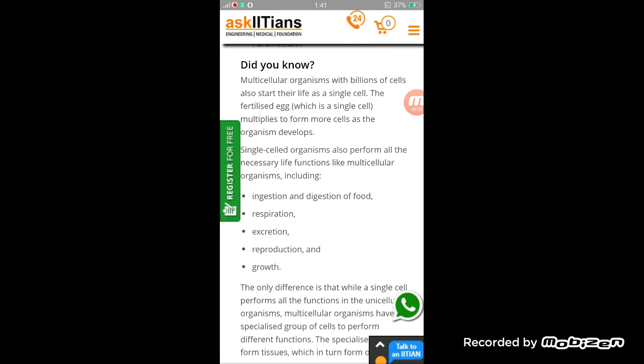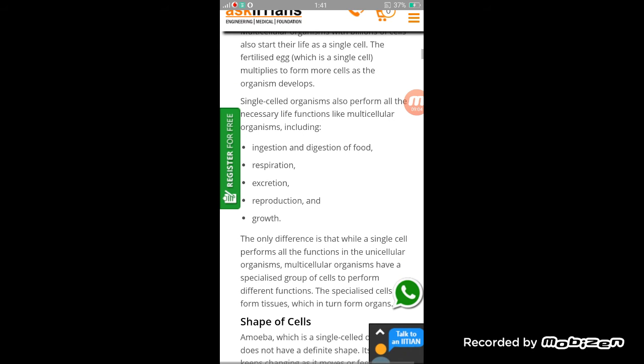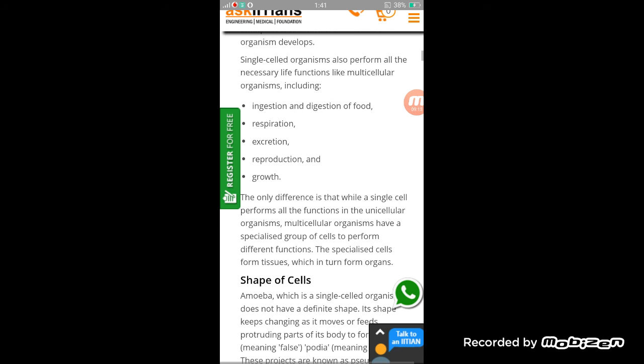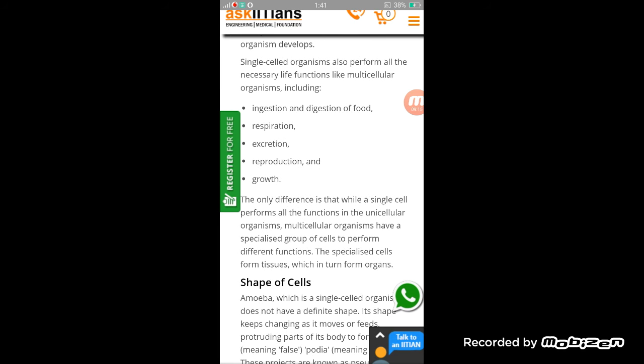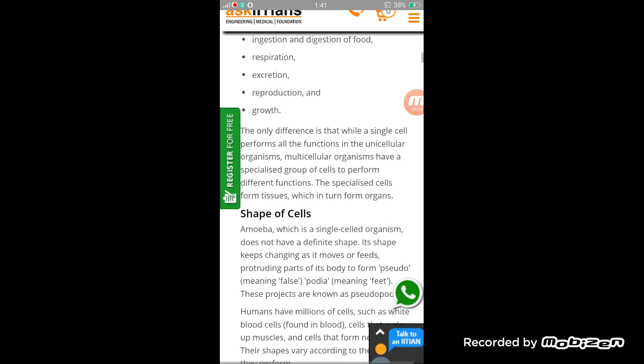In a unicellular organism there is only one cell, and that single cell performs all these functions: ingestion, which means intake of food, and digestion of food, respiration, excretion, reproduction and growth.